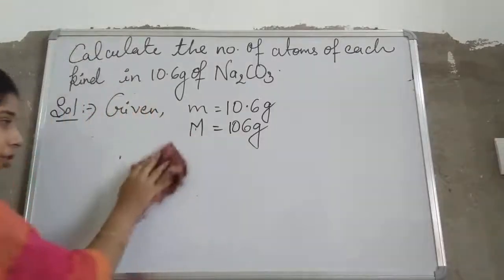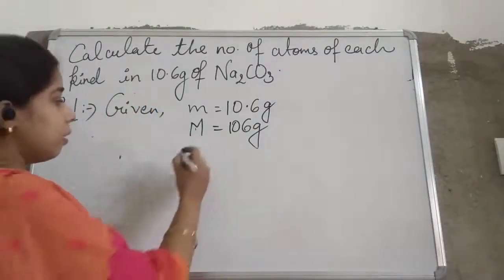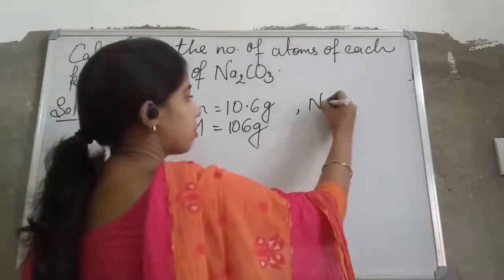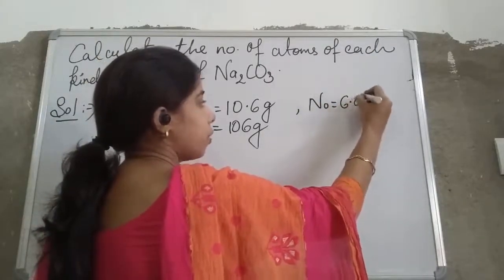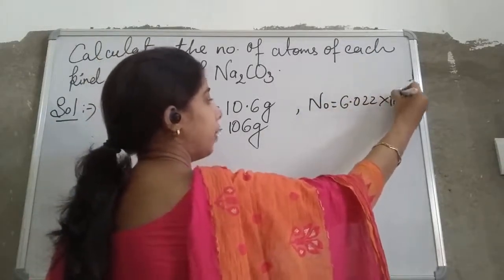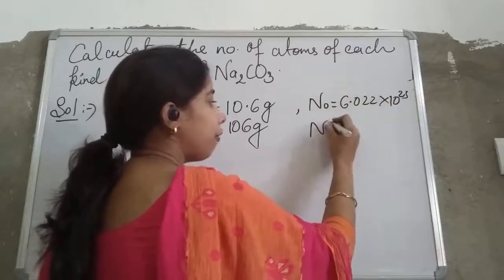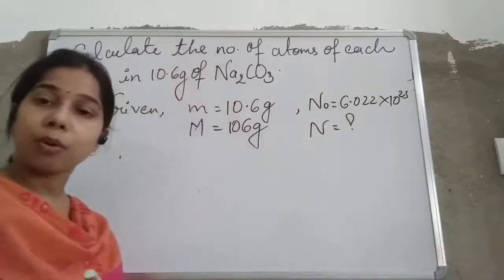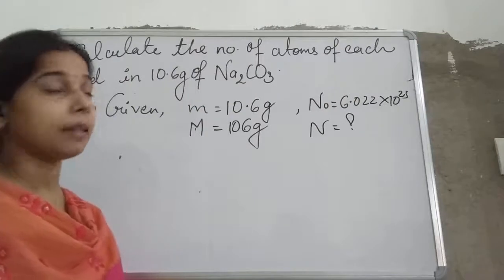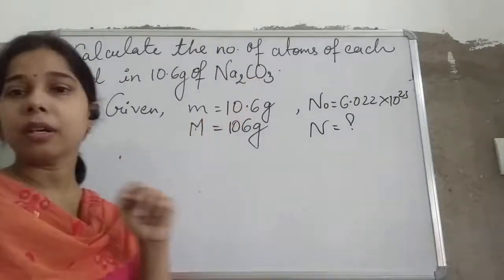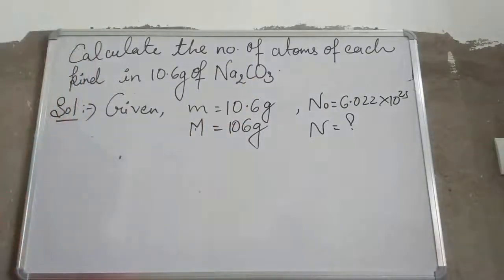Another thing which is given is Avogadro's number, that is 6.022 into 10 the power 23, and what we have to find is n, the number of particles in this mass.